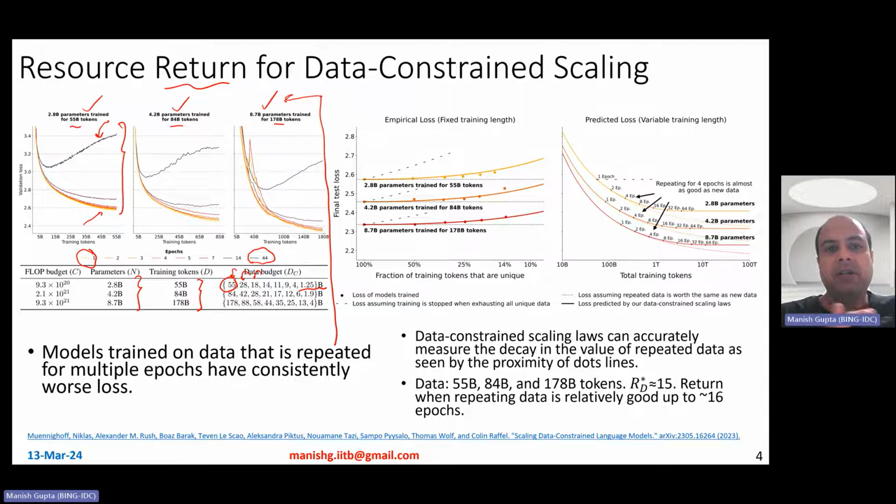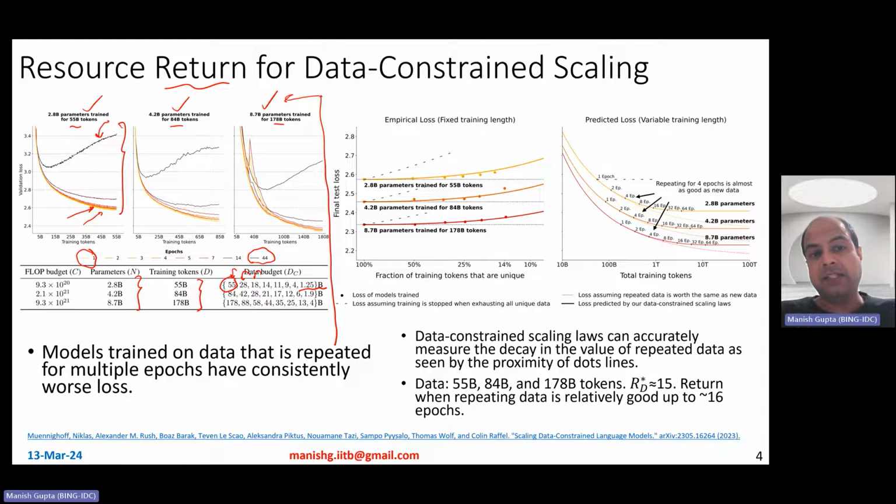But what is important to observe is that if you do 1 epoch, 2 epochs, 3 epochs, 4 epochs, you do not see much of a difference. Even if you use repeated data, rather than leveraging the entire 55 billion token data, you still can improve the overall loss. That's a very important observation, because for data constrained, low resource languages, you do not have enough labeled data.